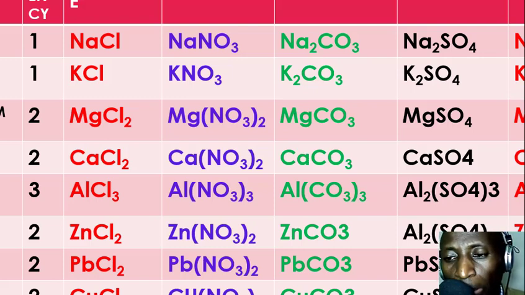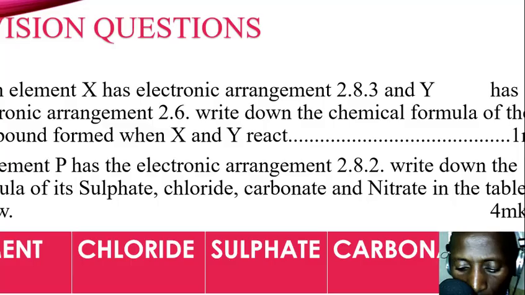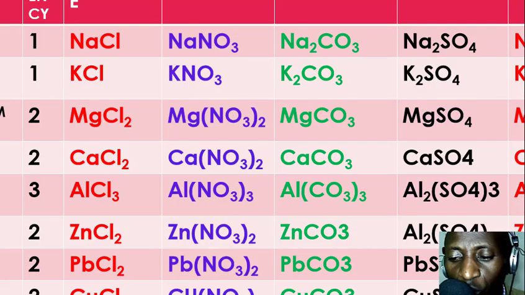We also have zinc hydroxide, lead hydroxide, copper hydroxide, and iron 2 hydroxide. In this case, where the valency is specified, for example, we can have another column for iron 3. So you'll find that the formula will change because now the valency of iron has moved to 3.